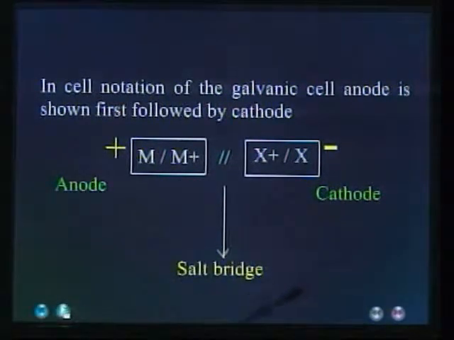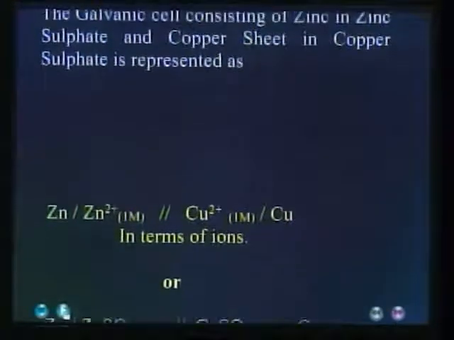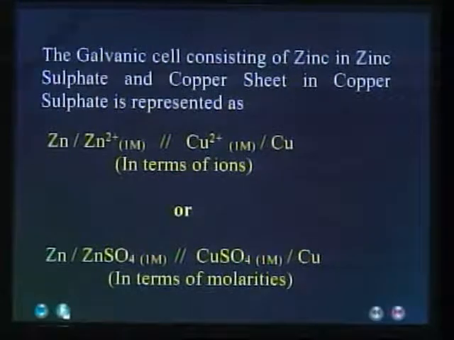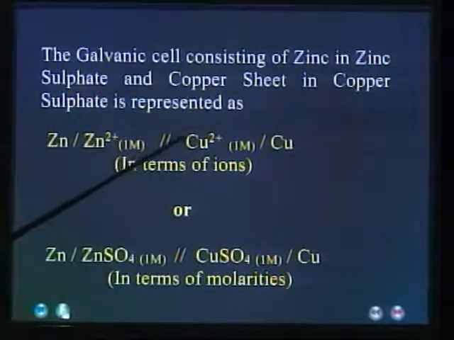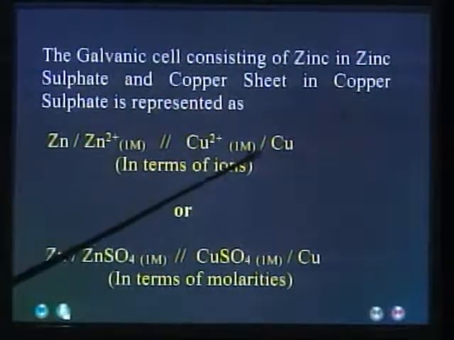If the earlier galvanic cell consisting of zinc and copper electrodes is taken, wherein zinc is undergoing oxidation and copper is undergoing reduction, the representation can be shown as zinc oblique zinc 2 plus, double oblique, copper 2 plus oblique copper.